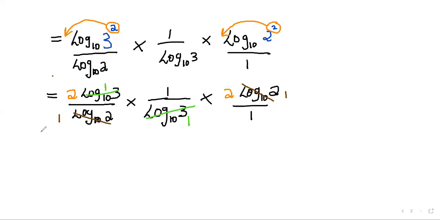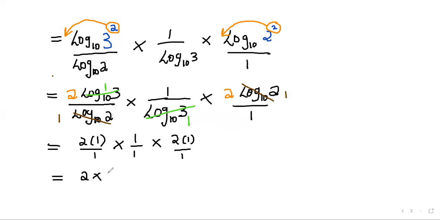So as we are now writing it properly, on the numerator we'll be having 2, open bracket, multiply by the 1. Then we divide by 1, multiplied by, so this one is the same as writing 1 over 1. Multiply by 2 into 1, divided by the denominator of 1. So when it's like this, it now makes the work much easier. 2 times 1 is 2. 2 divided by 1 is 2. So here you're going to have 2.